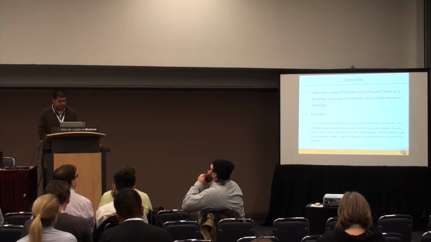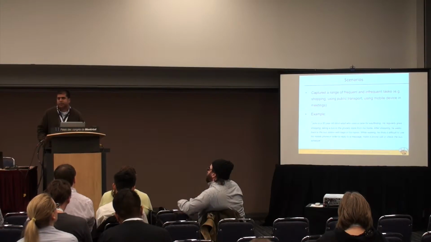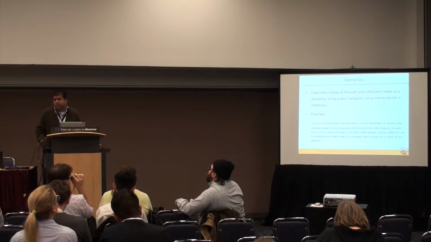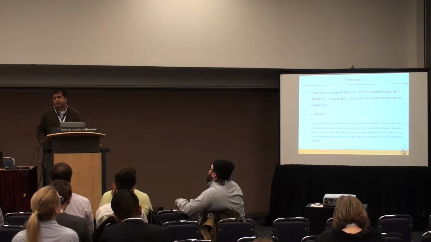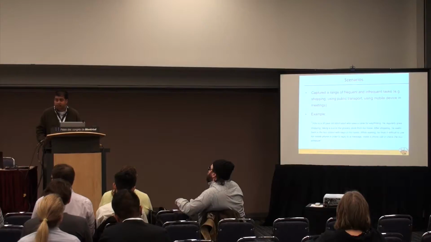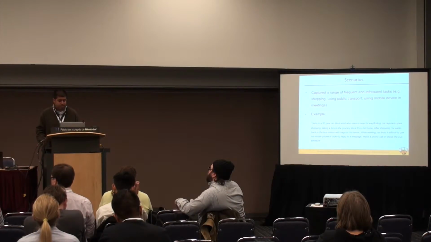We specifically presented scenarios capturing frequent and infrequent tasks that some blind users may face when using a mobile device in a public area. Specifically, we focused on the 3 scenarios of using a phone, or not being able to use a phone, on public transport, in a shopping scenario, and also using a mobile device in a meeting scenario.